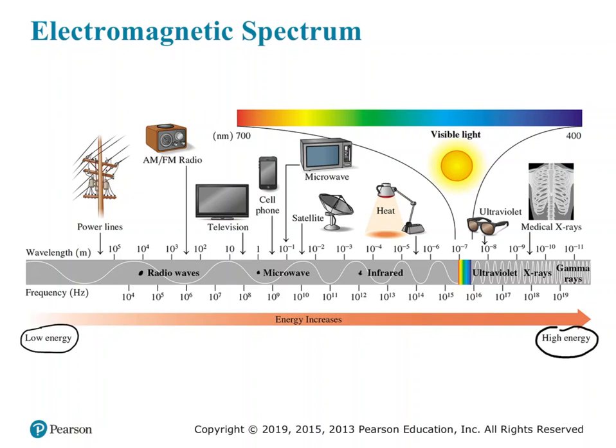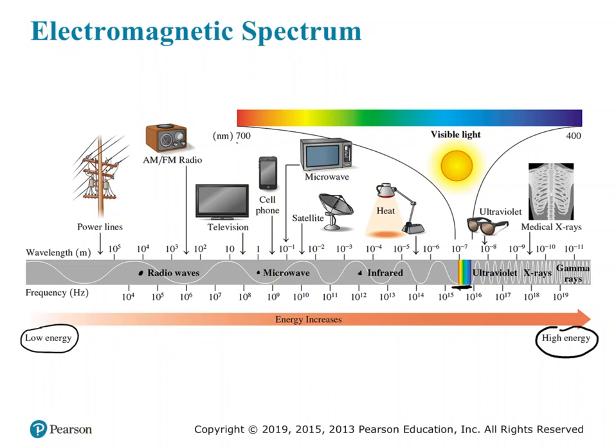There's infrared, which is also low in energy, and then we get to visible light. Now, visible light, this rainbow section, is a really small section of the electromagnetic spectrum. But within that visible light, we have a range of energies as well.